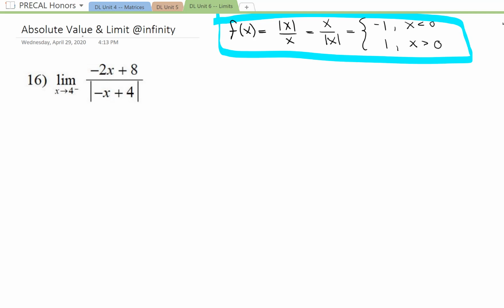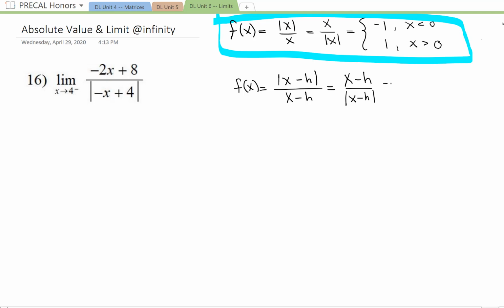Now, if there is some sort of horizontal shift with your absolute value, such as absolute value x minus h over x minus h, and similarly x minus h over absolute value x minus h, this would end up giving you the same piecewise values, except your transition point x value would not be 0, it would be h, whatever the shift that has happened is.